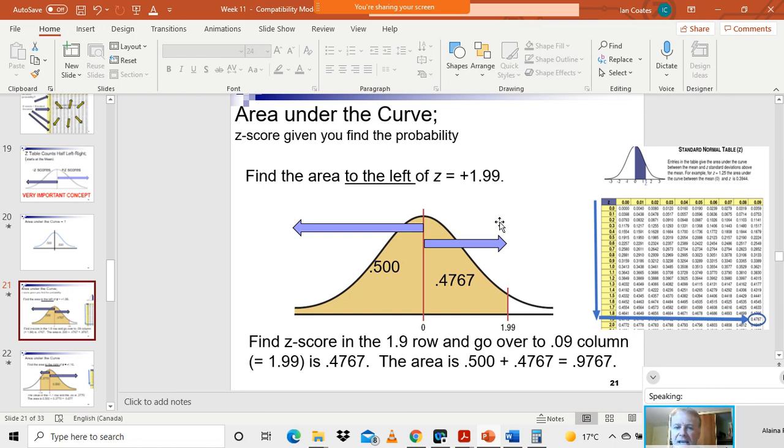So you see here, I'm not interested in converting apples to oranges. Here I've already given you a standardized curve, okay? And I'm asking you to find the probability, find the area to the left of z equals 1.99.